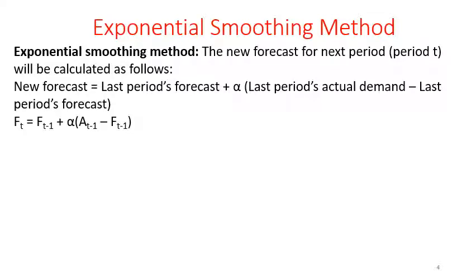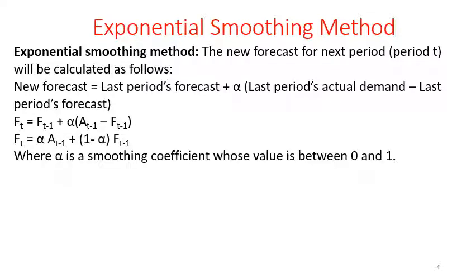So your mathematical expression for the new forecast for the period t will be Ft equals Ft minus 1 plus alpha into At minus 1 minus Ft minus 1. Here alpha refers to a smoothing coefficient or smoothing constant, whose value ranges between 0 and 1.